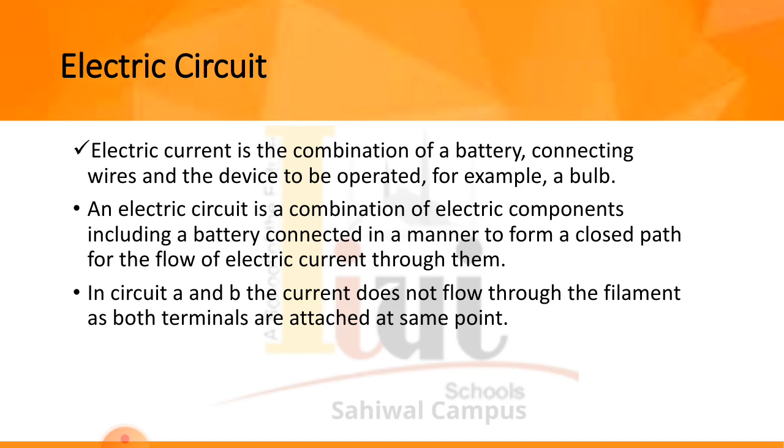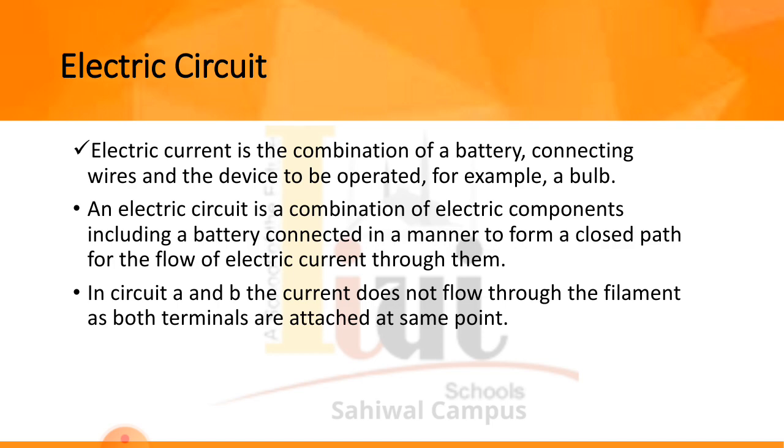If that flow of current is possible, then the circuit will be usable, and if there is no proper connection or there is a gap in the connection, there is no flow of current. Conventionally, the direction of the flow of current is opposite to the direction of the flow of negatively charged electrons. Only when current passes through the filament of the bulb does it glow, and if no current passes through the filament, it does not glow and does not give us light.